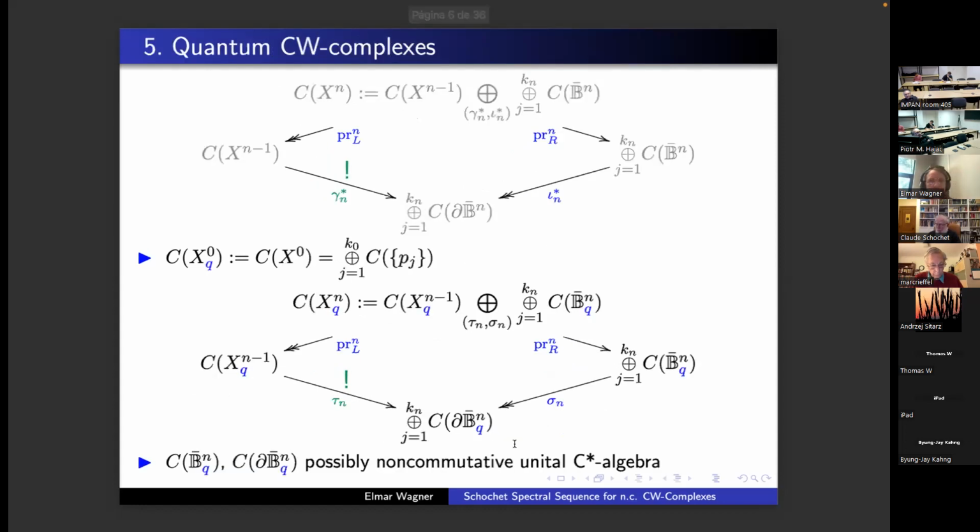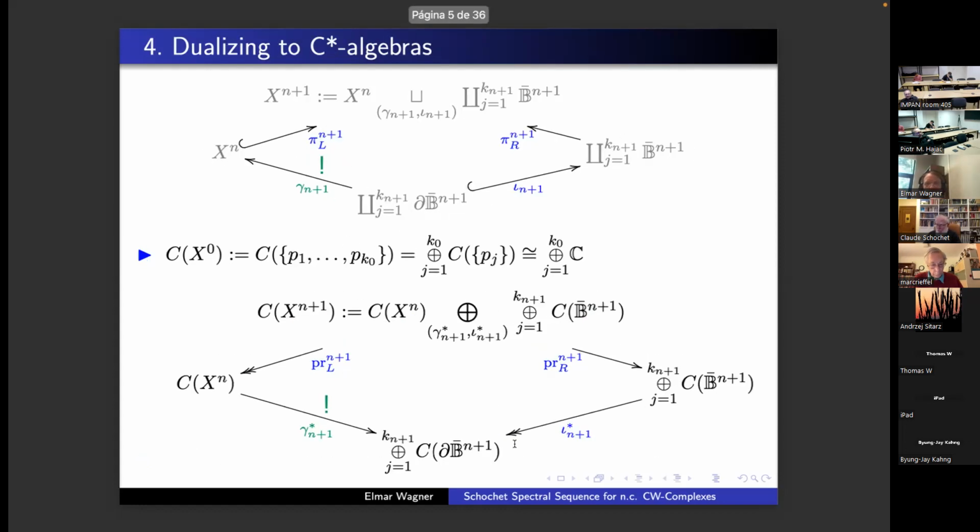Sorry, Elmar, may I ask you a completely dummy question, please? Why is this gamma n plus 1 unique? No, I'm not saying it's unique. This is just, I wanted to put this exclamation mark. I want to keep track of this gamma. I wanted you to notice anything non-trivial is in this gamma.